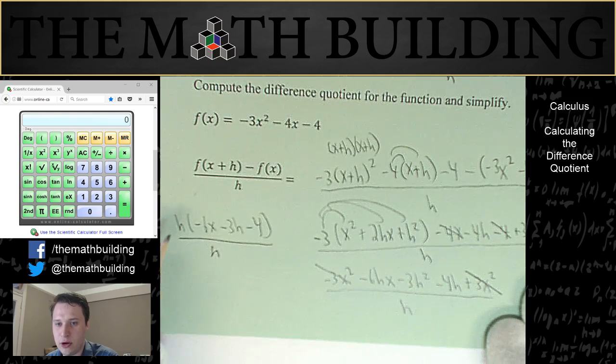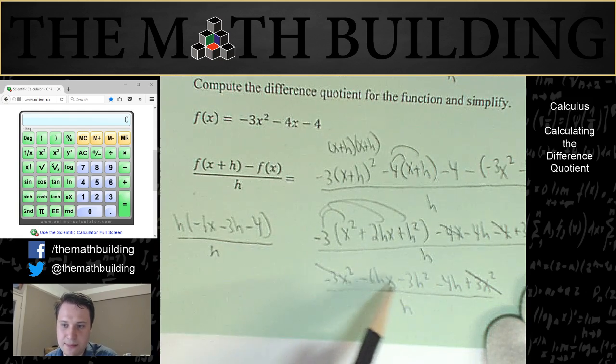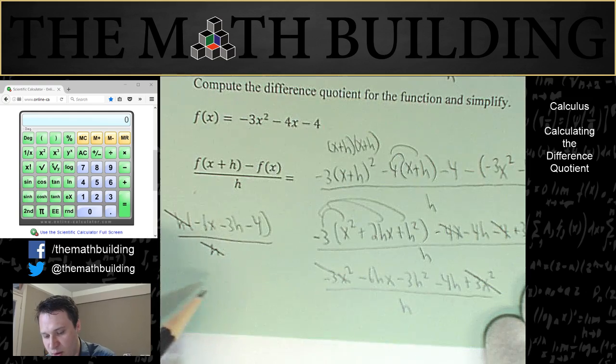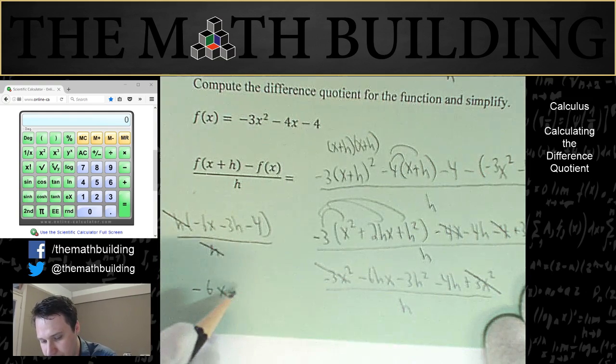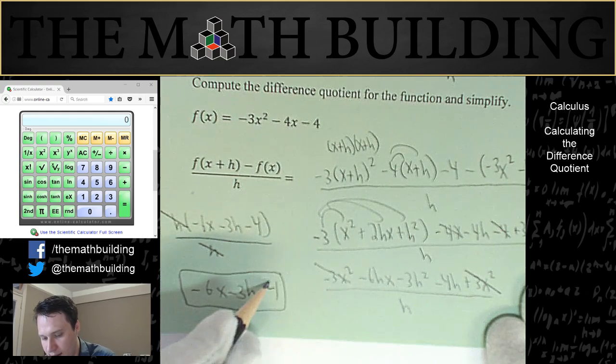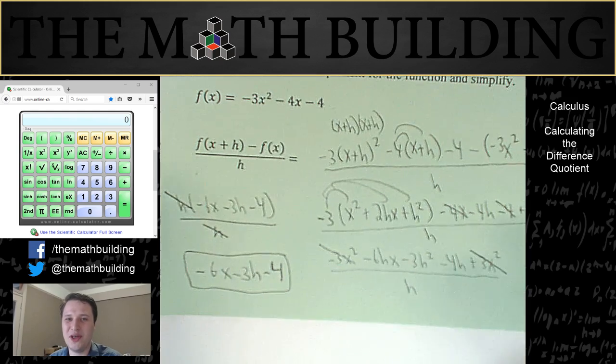Notice that if I distributed this h, I would get all of this stuff: negative 6hx minus 3h squared minus 4h. So now that cancels, and we're left with the final answer of that. That's the answer. And I know what you're thinking. That doesn't seem very helpful. Well, just wait, because we're going to do one more thing, and then you're going to discover that this is actually the most amazing thing ever.